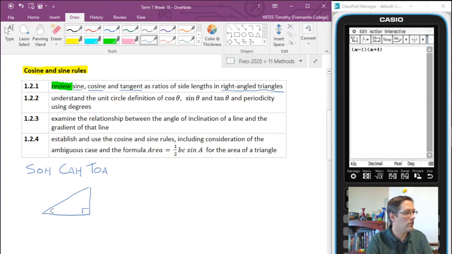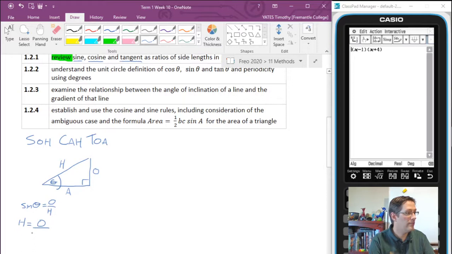So if that's our angle theta there, that is our opposite, that's our adjacent, and that is our hypotenuse there. And so we'd have sine theta equals opposite on hypotenuse, and also the other stuff, like we would expect to know that hypotenuse is equal to opposite over sine theta, and opposite equals hypotenuse times sine theta.